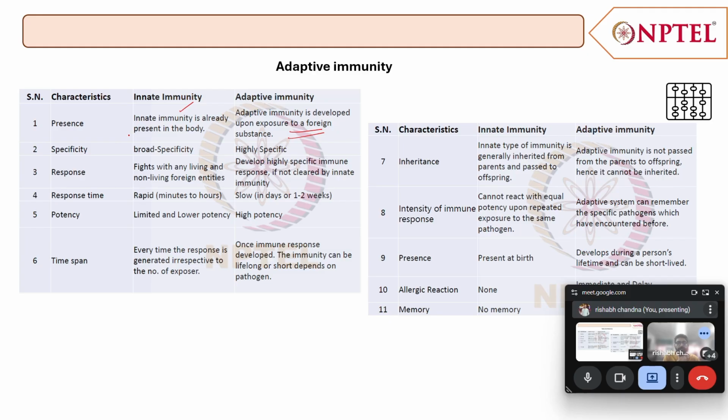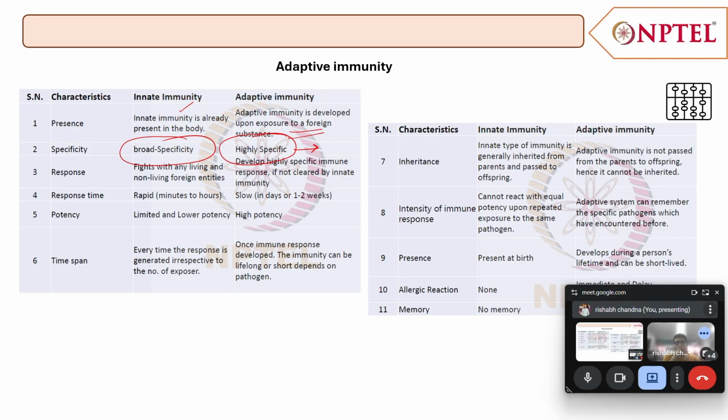Then specificity: innate immunity has a broad specificity, but adaptive immunity is highly specific. Adaptive immunity will be developed only for a particular pathogen encountered by the body, but innate immunity works against any organism that can infect the body.